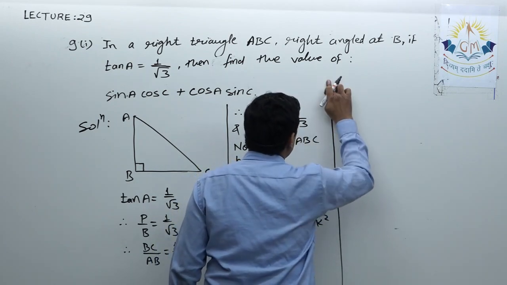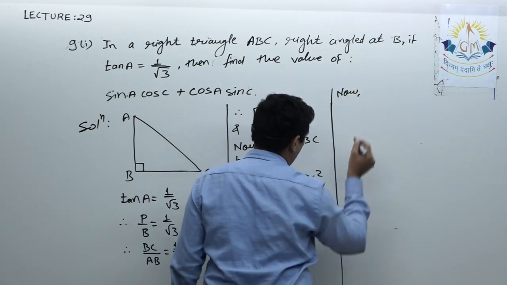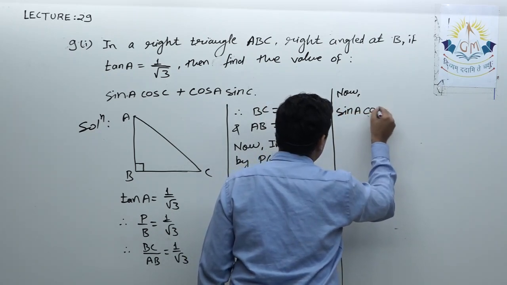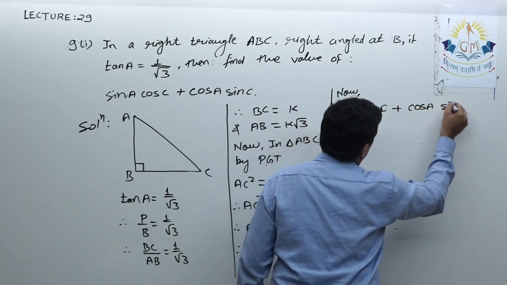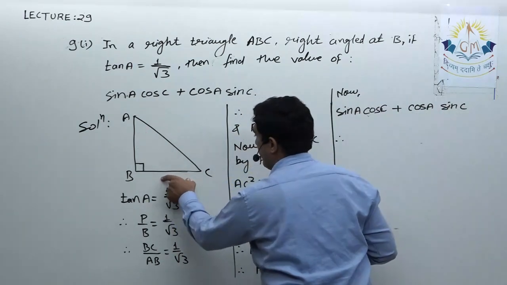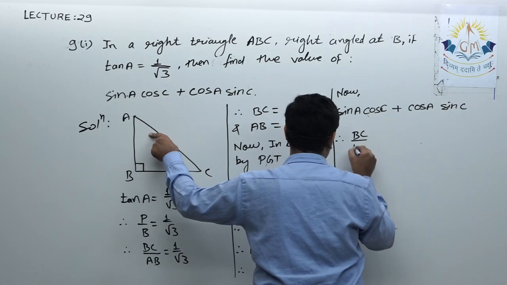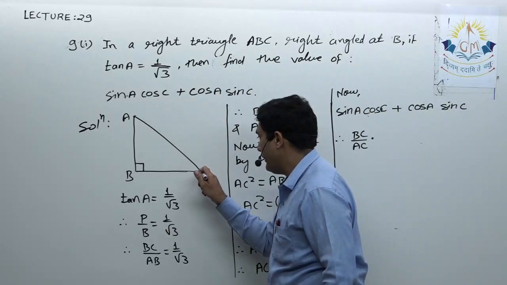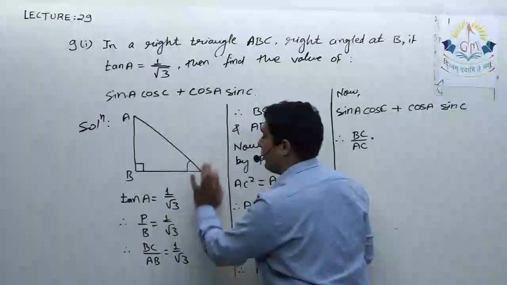So now I write this expression: sin A cos C plus cos A sin C. Sin A is perpendicular upon hypotenuse, that is BC upon AC, into cos C. For this point C, I have to find the cos, and cos I know is base upon hypotenuse.